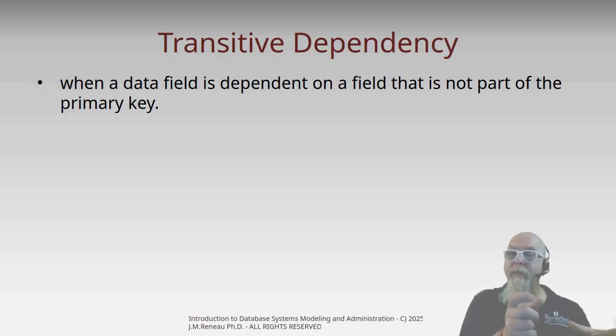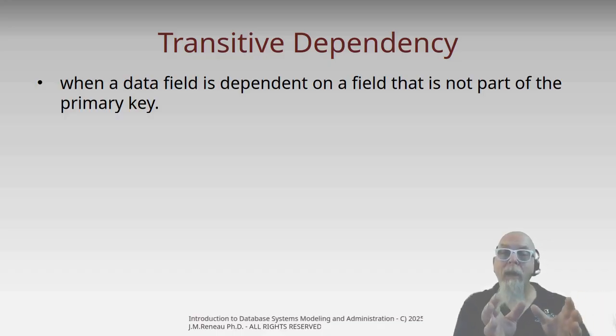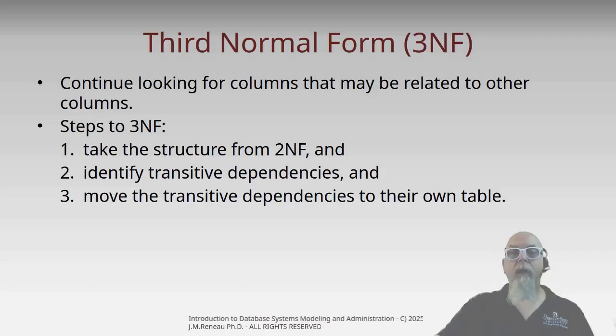Well, state name is dependent upon state abbreviation, not on the customer number. So you can see that would be what we call a transitive dependency. Third normal form is where we try to get rid of all of those transitive dependencies.